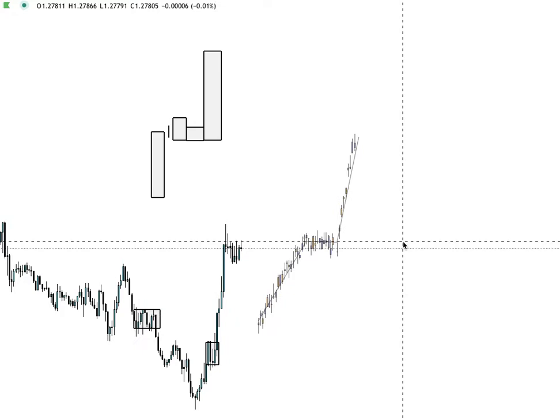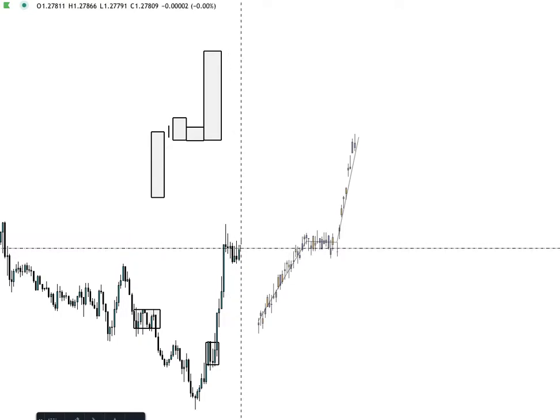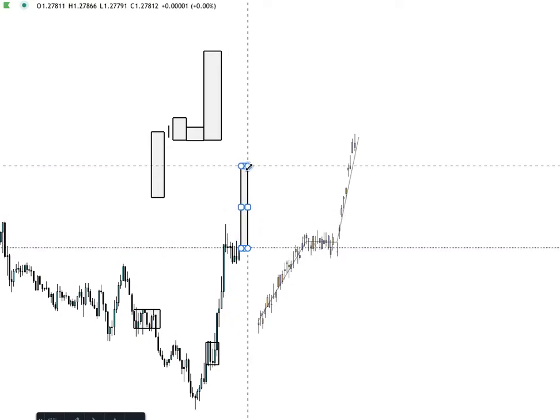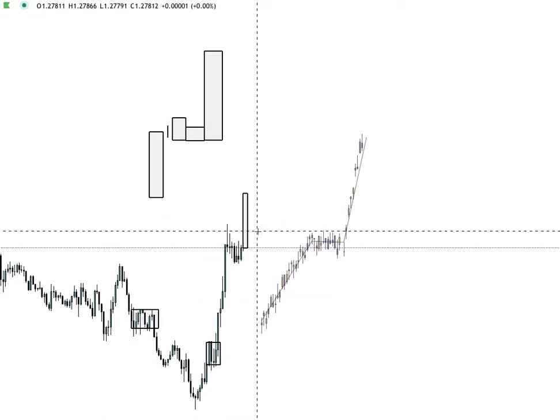It simply means if the market is bullish, you want to see at least two strong Marubozu candles moving away from your base, right? So this would be a base coming up. You would want to see something like this, right? Two strong candles moving away from that zone.